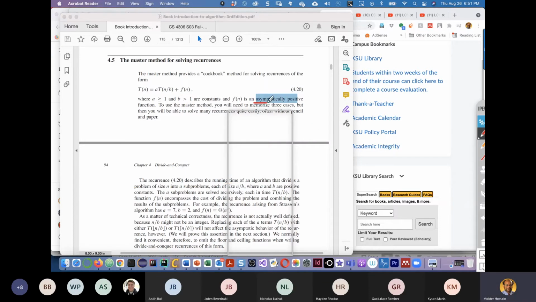So what is meant by asymptotically positive? f(n) is an asymptotically positive function. We are familiar with this coordinate system, right? This is 0. For instance, this is the x-axis and this is the y-axis, this is x dash and this is y dash.